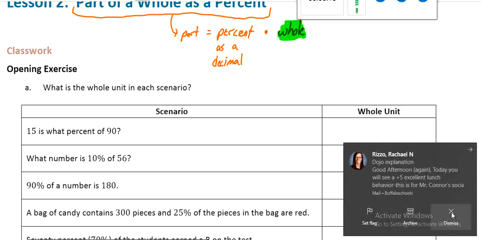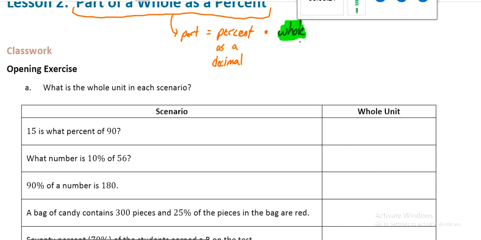If we're going to start using this formula here, we have to know what numbers to plug into what part, meaning what number to put in for the part, what number to put in for the percent, and what number to put in for the whole. So in this opening exercise, that's all we're doing, is identifying the whole unit.